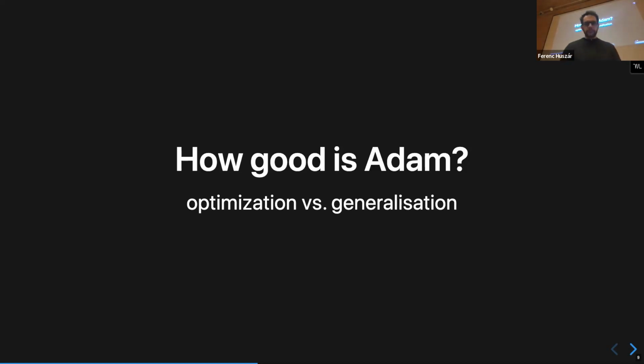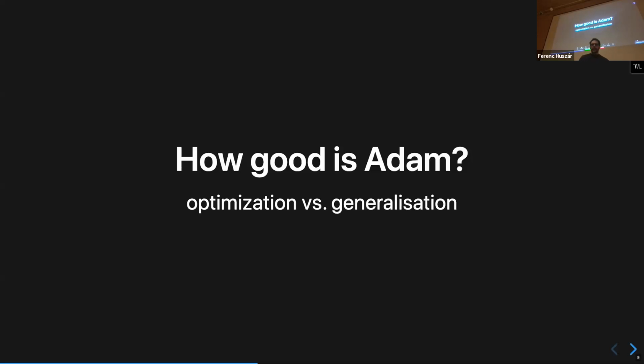But there is also a secondary aspect: we now consider the specific optimization algorithm part of the learning algorithm, and it can influence the generalization properties of the entire machine learning system.